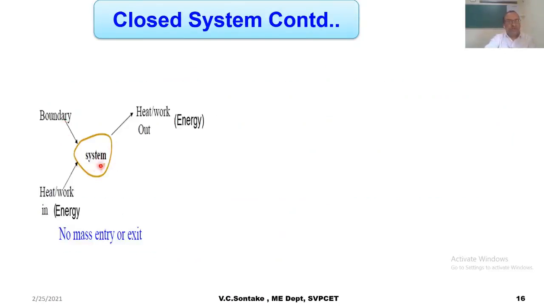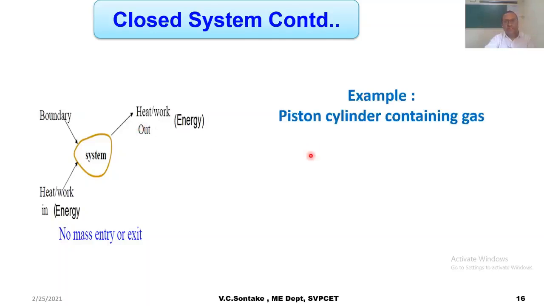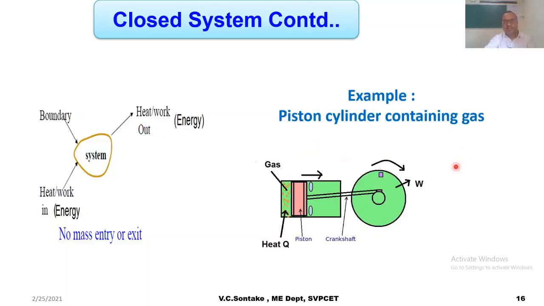If this is the closed system, there will be no mass transfer into or out of the system. Energy in the form of either heat or work can enter and leave as heat or work. Example of a closed system is a piston cylinder containing gas. A gas is contained within the piston cylinder boundaries and it cannot come out.